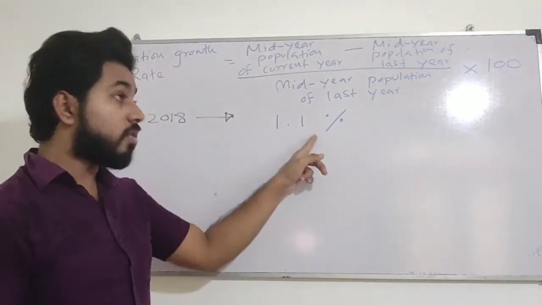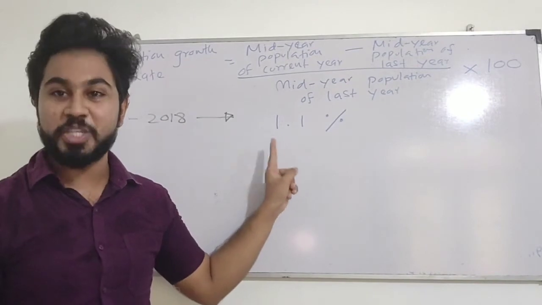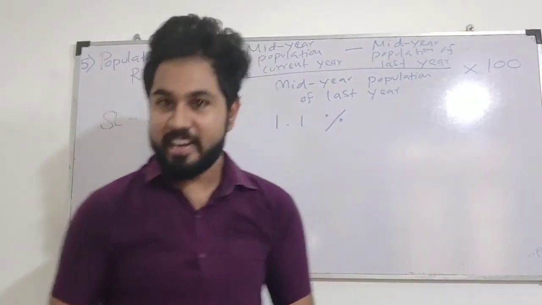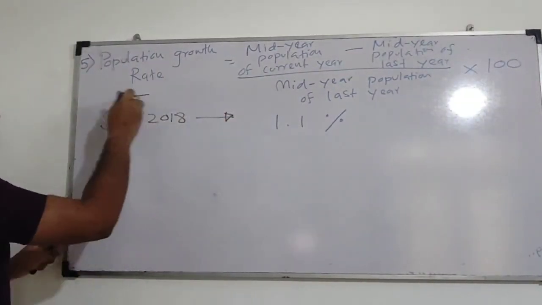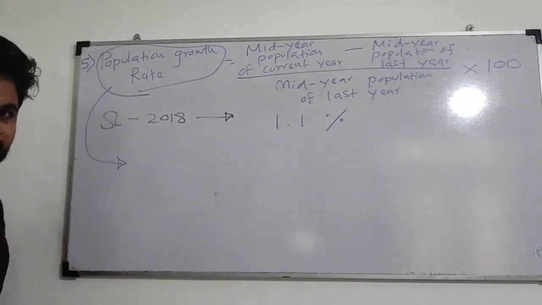Clear? This is not given per 1,000 persons. This is just a percentage value. Because why? They have multiplied this by 100. Clear? Right. Okay. And this population growth rate can be calculated in another way.